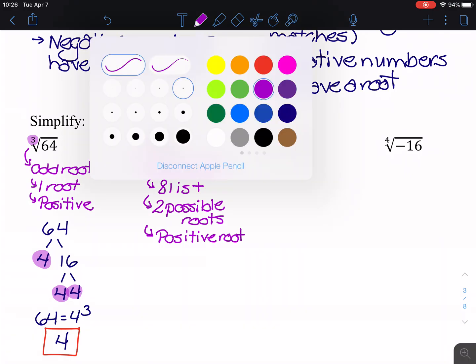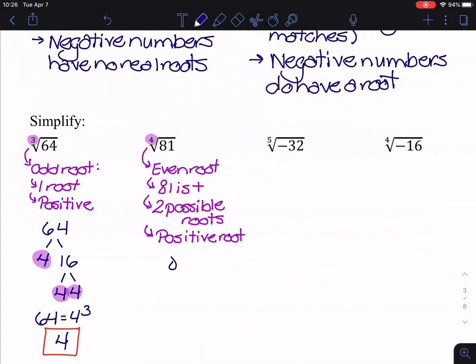Factoring 81, I get 9 times 9, and 9 is 3 times 3. So sure enough, 81 is equal to 3 to the 4th power, which is what I want for my answer.